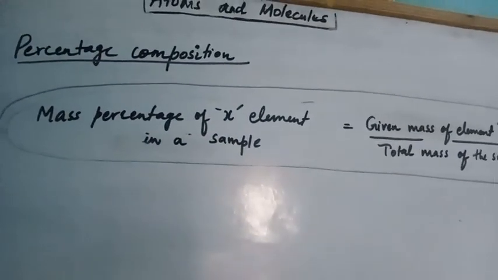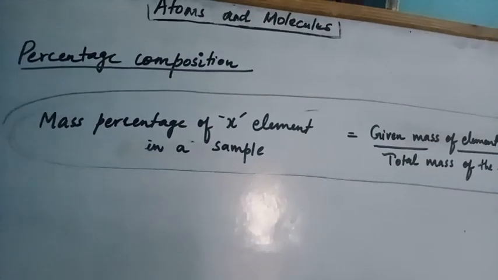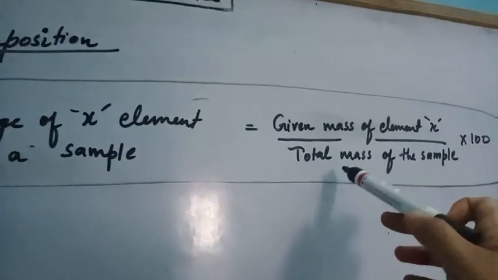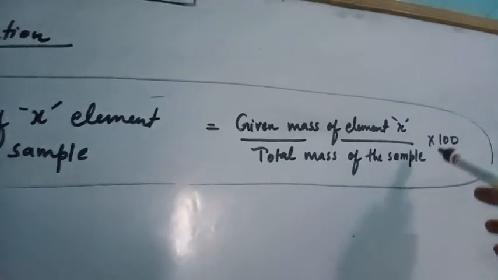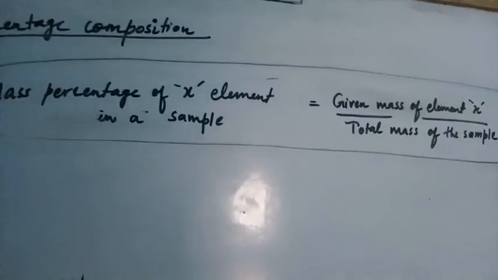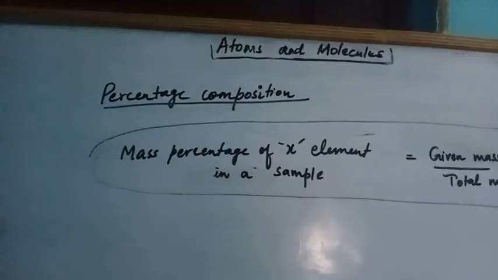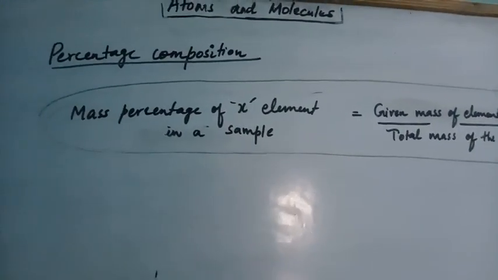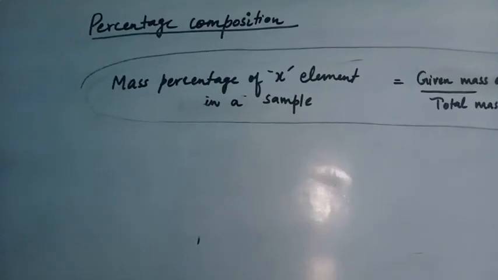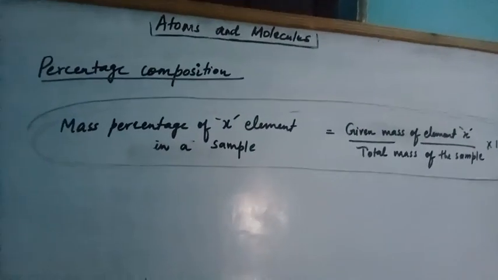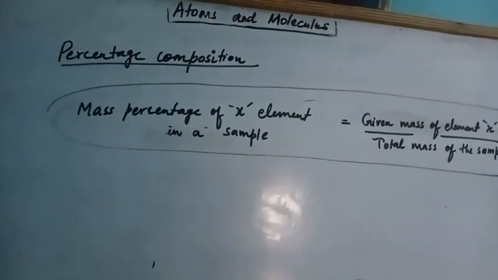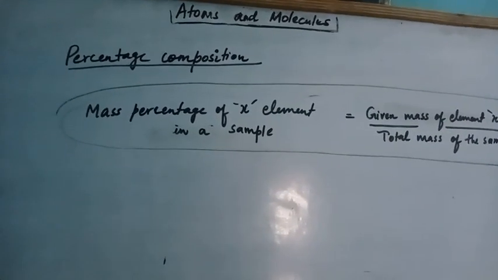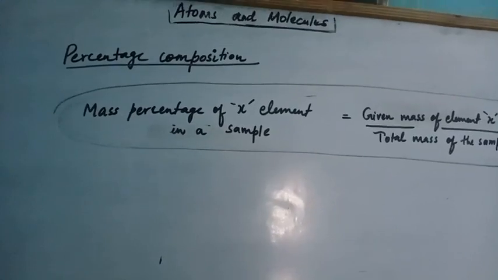The certain mass of the sample is also given, so that value is put here, into 100. Then you can calculate the mass percentage of element X in the given mass of a sample. We will see different examples where we can use this formula also. It depends on what is given in the question; accordingly we will use either of the formulas.